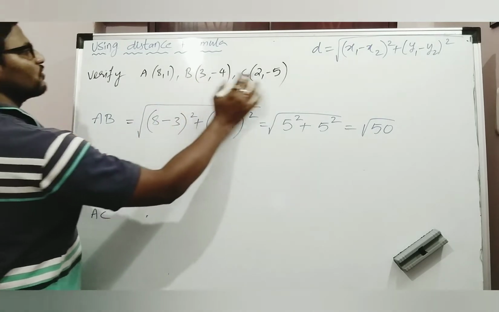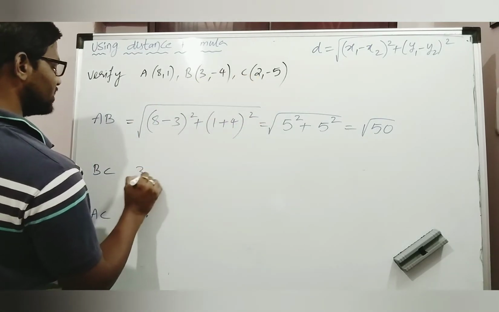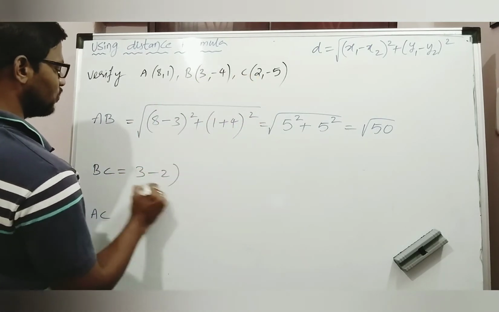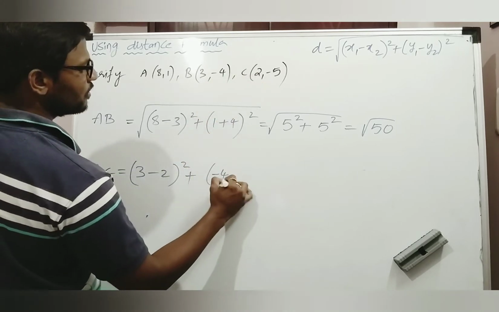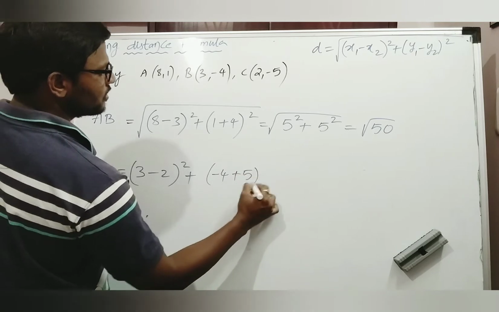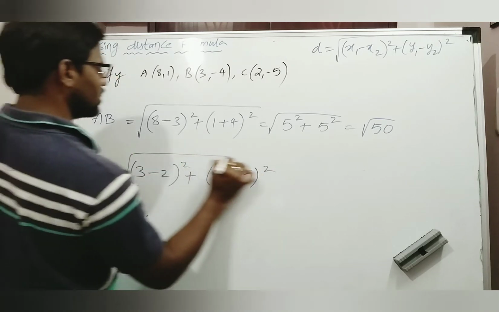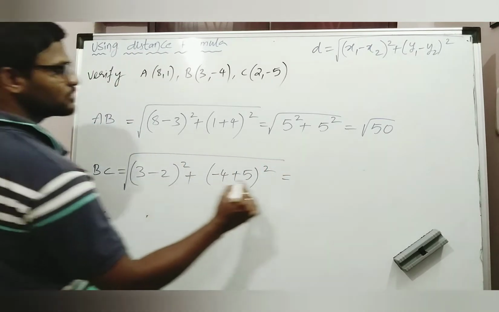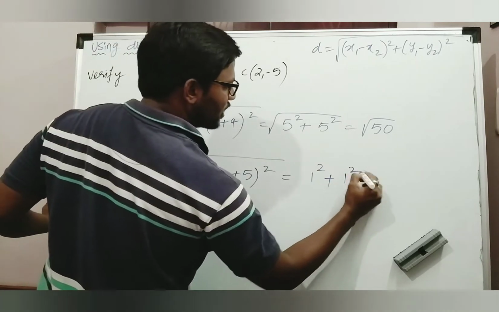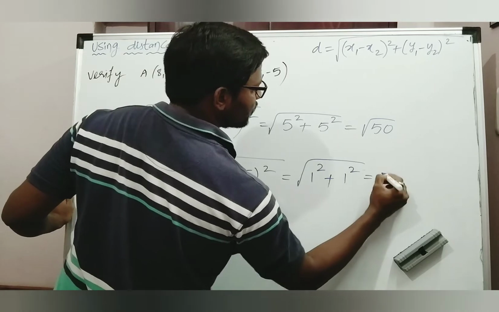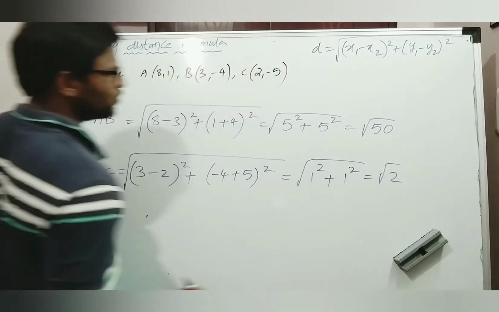Next, find the length of BC. 3 minus 2 whole square plus minus 4 minus of minus 5 whole square. 3 minus 2 is 1, 1 square. 5 minus 4 is also 1. So root of 1 square plus 1 square is root 2.